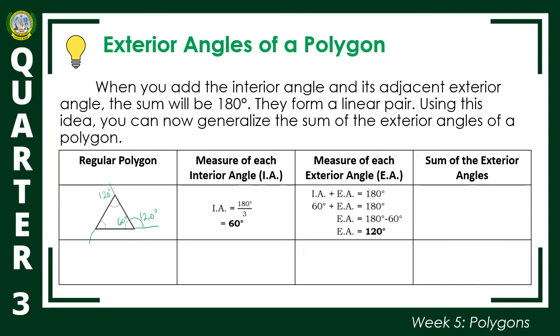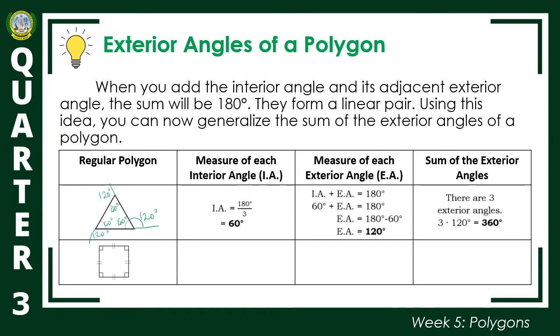Since 60 din naman ang measure nitong interior na to, 60 din ito, kaya 120 degrees din po ito. So, as you can see, tatlong 120 degrees po ang meron po sa exterior angle ng ating triangle. 3 times 120 degrees will give us 360 degrees. Okay? So, paano naman pag quadrilateral?